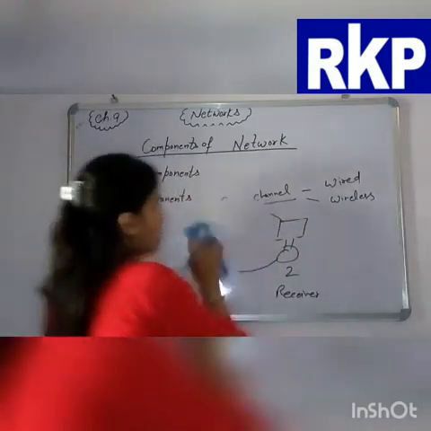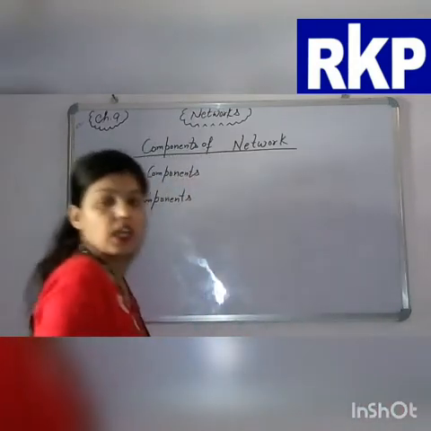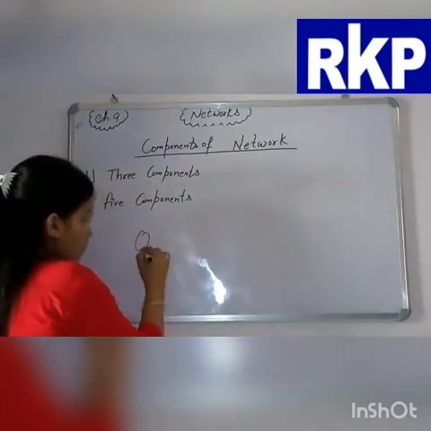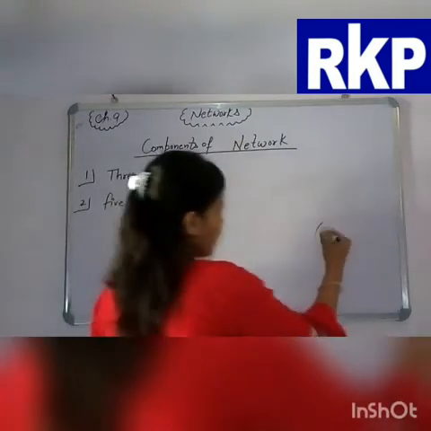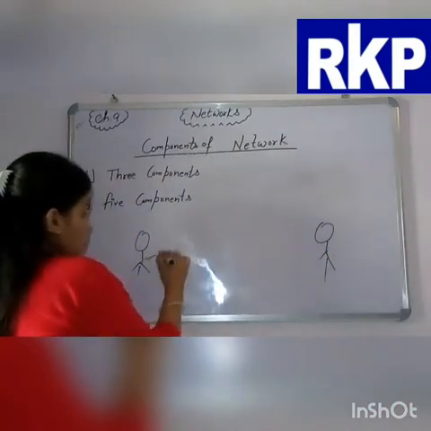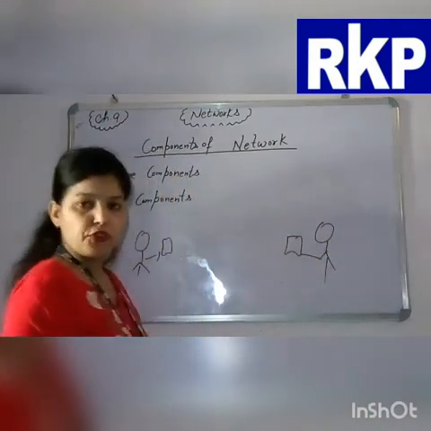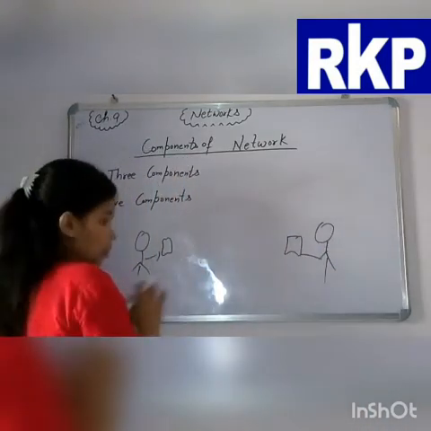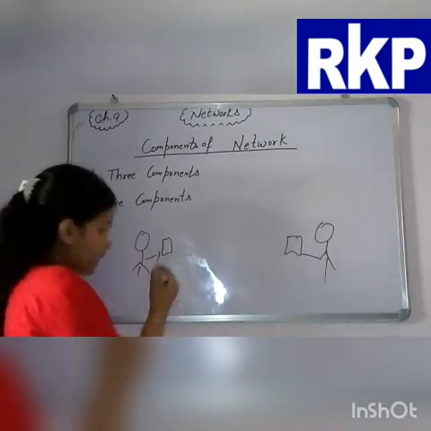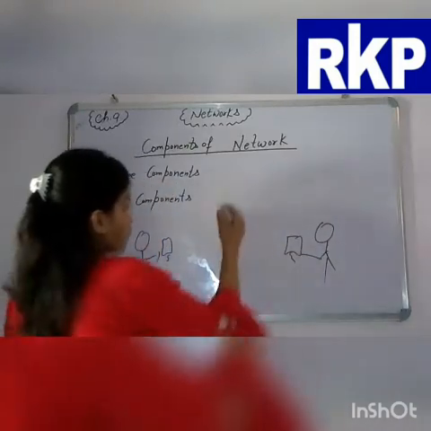Now let us talk about the 5 component computer network. Suppose once again you are present here and your friend is at home. You are talking with your friend using a mobile phone, or a landline phone you can say, whatever you are using.